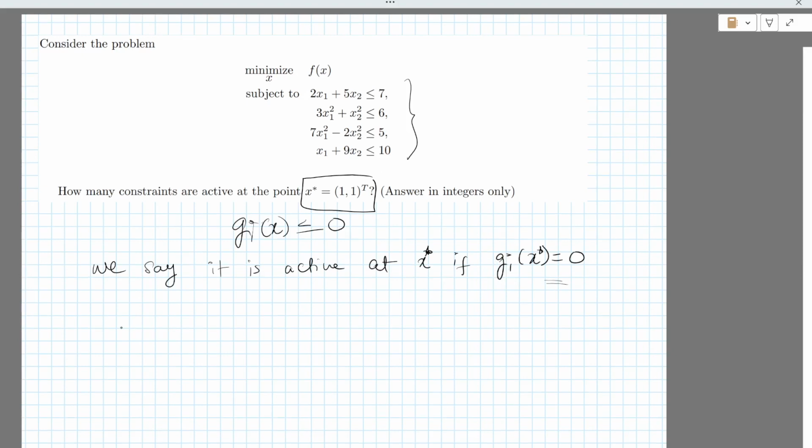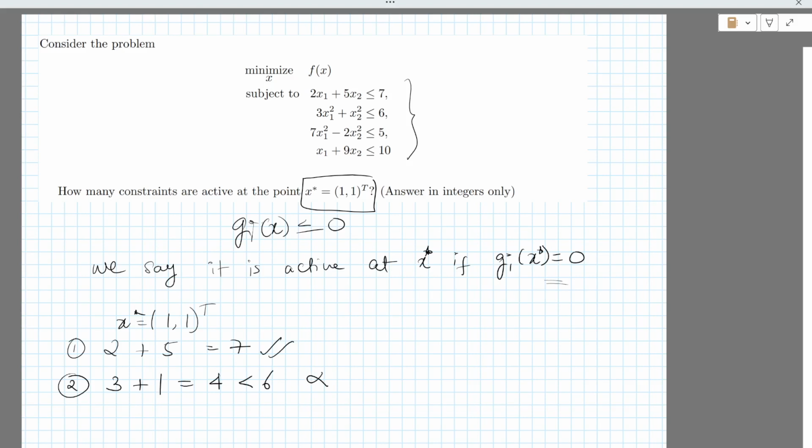So x star is (1, 1) transpose. If I look at the first constraint, I have 2 plus 5 which is equal to 7. So this is active. Look at the second constraint. I have 3 plus 1 which is equal to 4, which is less than 6.